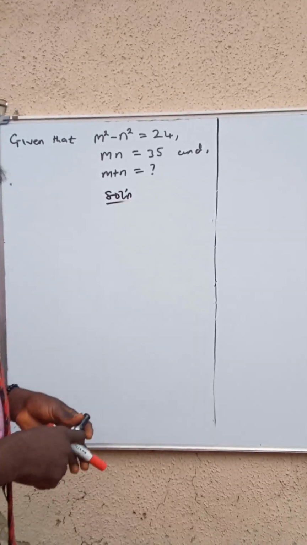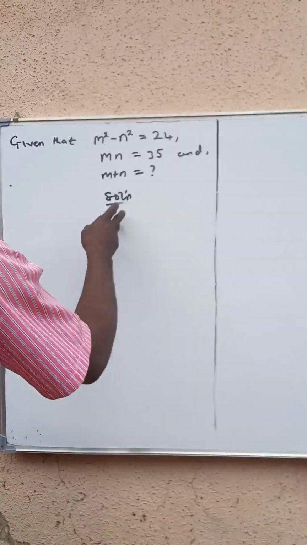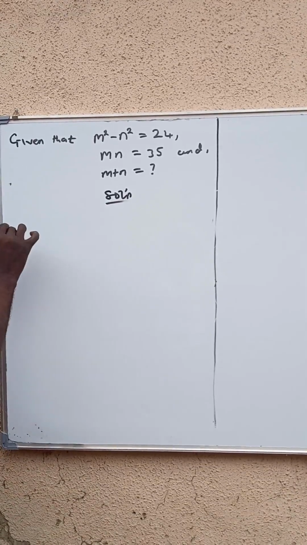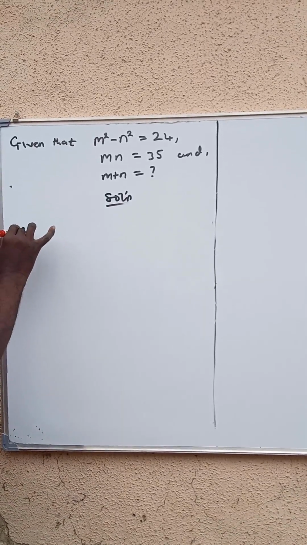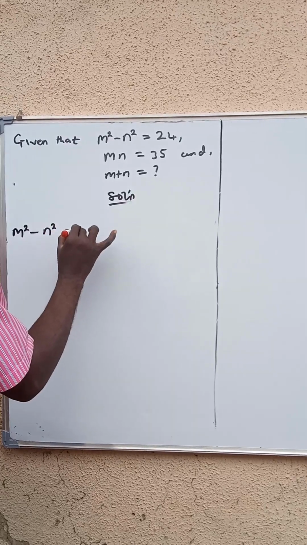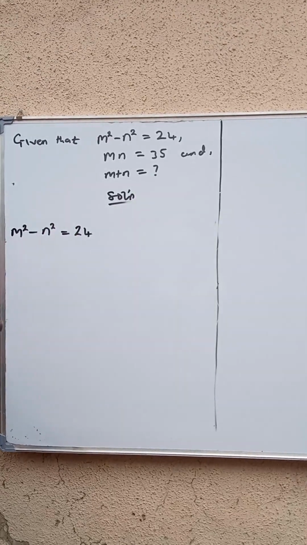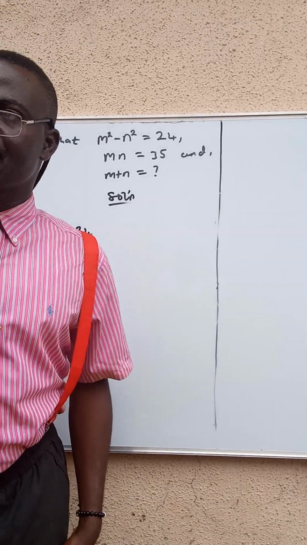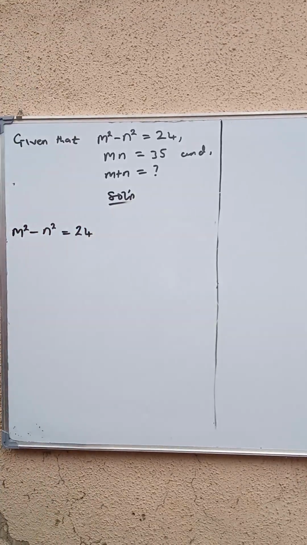If you have written that, you all know that m squared plus n squared is equal to 24. So what do we do?